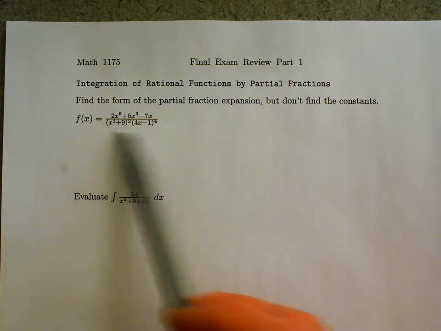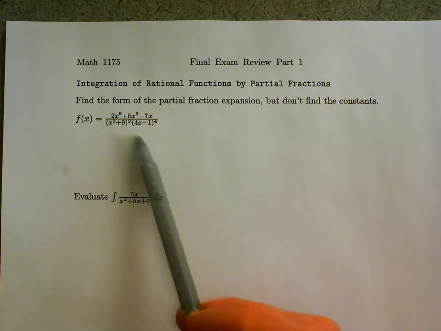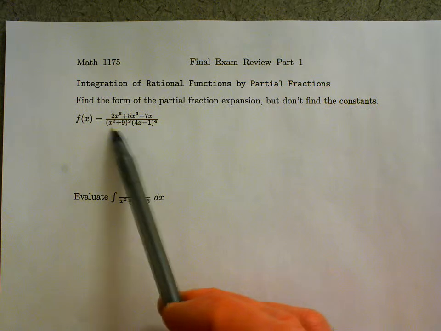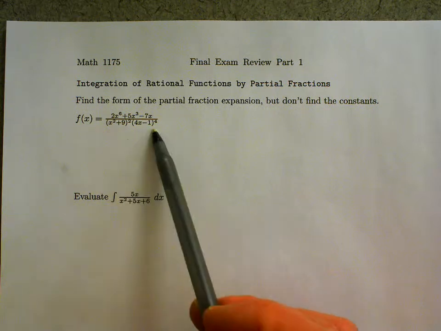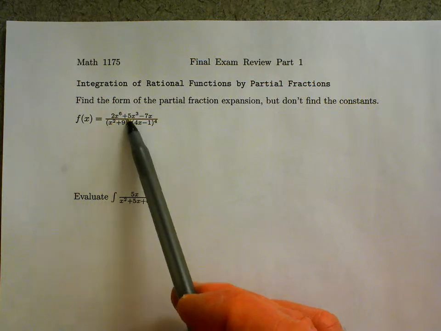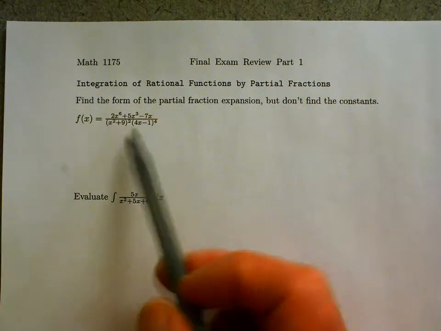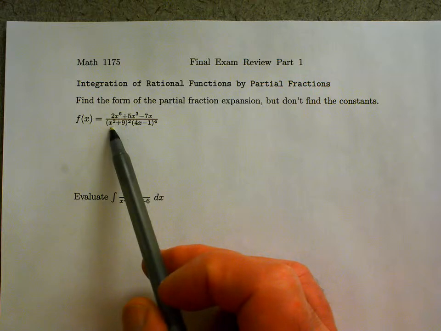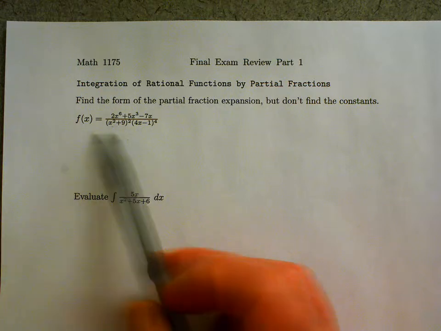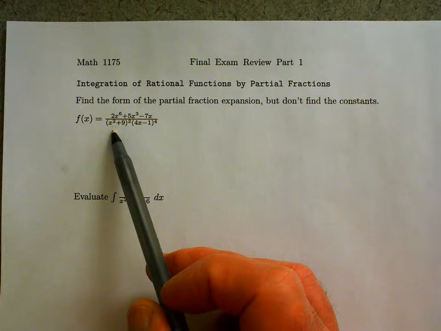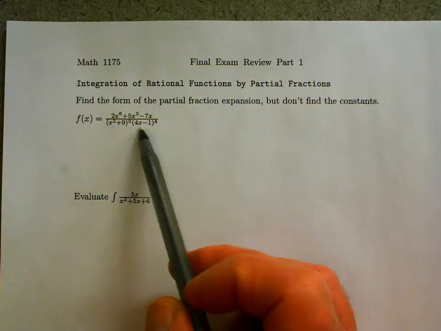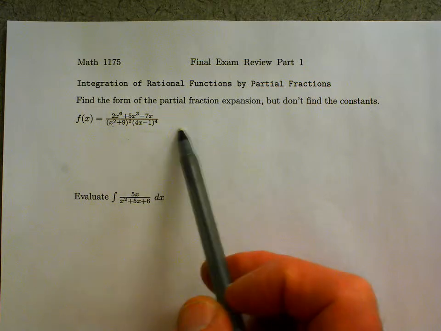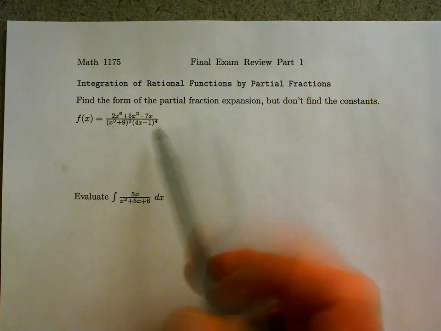So note that the degree of the polynomial in the denominator is degree 8. When we square x squared plus 9, we'll get a degree 4 polynomial. And then when we raise 4x minus 1 to the fourth, we get another degree 4 polynomial. So altogether, the denominator is degree 8.